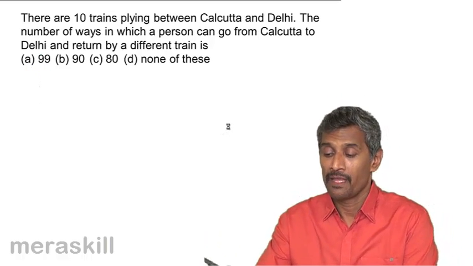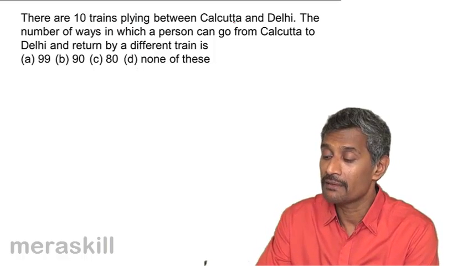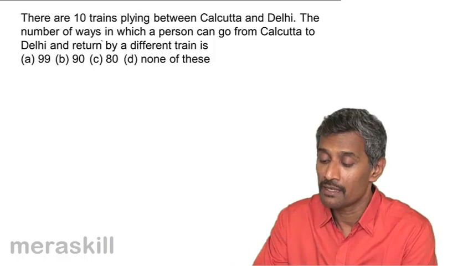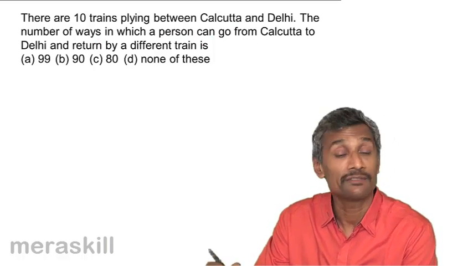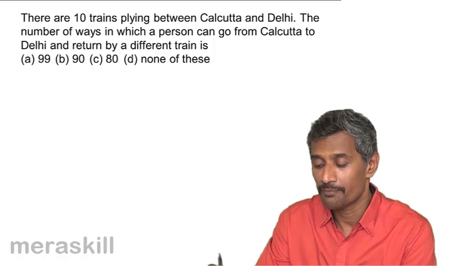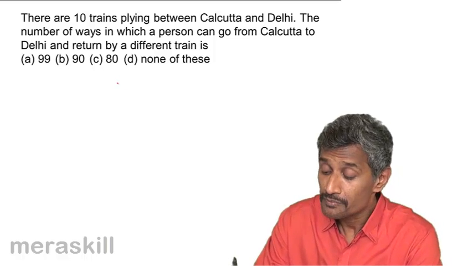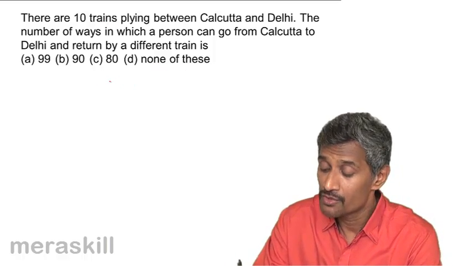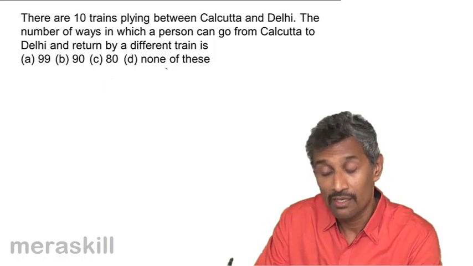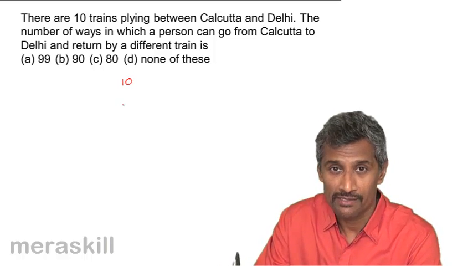Okay. Now we have another case. There are 10 trains plying between Calcutta and Delhi. The number of ways in which a person can go from Calcutta to Delhi and return by a different train is what? This is an easier method of doing it. So suppose he goes to Calcutta and there are 10 trains available. So he may pick up for the journey to Calcutta a train out of 10 in 10 different ways.